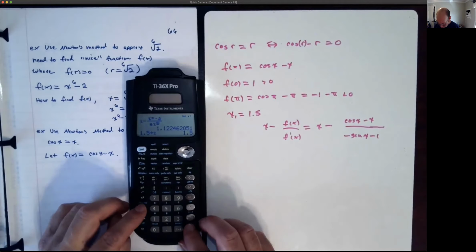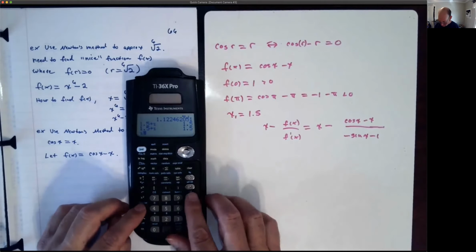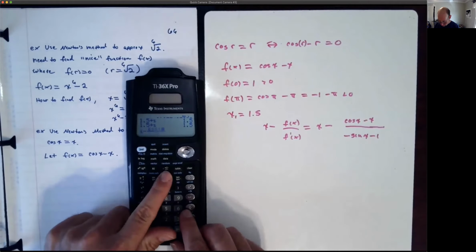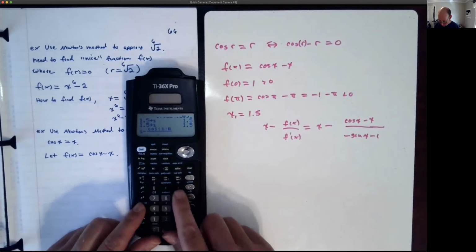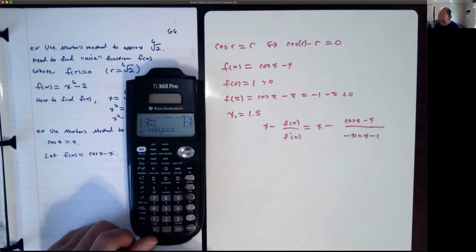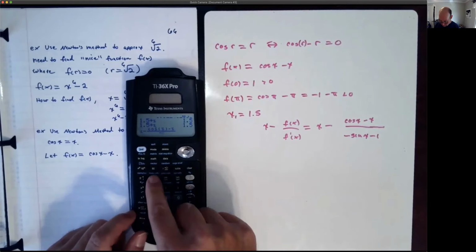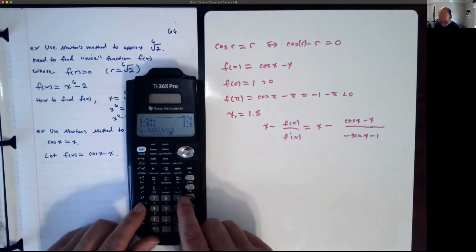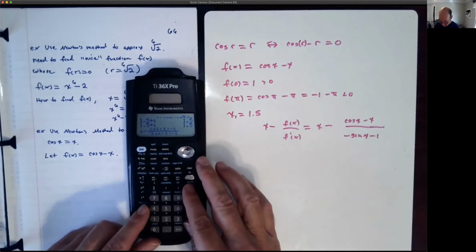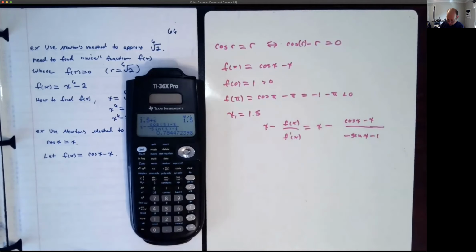x minus fraction cosine of x minus x and negative sine of x minus 1. All right, I got negative 0.7844.